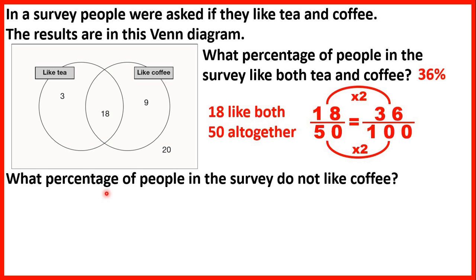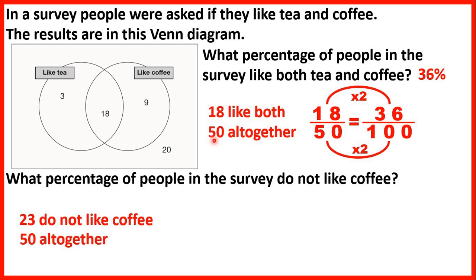Now, what percentage of people in the survey do not like coffee? So that's the people outside the circle for like coffee. So we have 3 here who only like tea, but we also have 20 who don't like tea or coffee. So that's 23 altogether who do not like coffee.